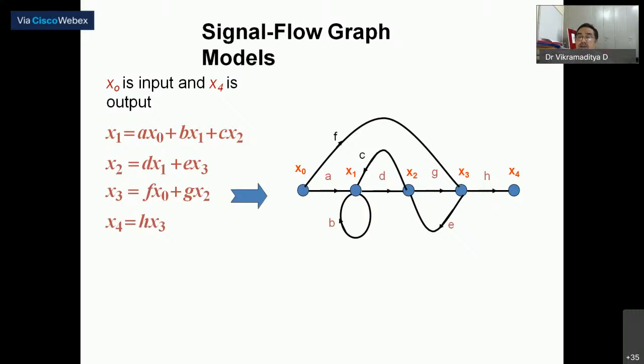If you are traversing a node twice, then it is not a forward path, it is not a loop. Is this clear or not? Everybody has to pay attention to this important point: in a loop or a forward path, no node is traced twice. If you are tracing it twice, then it will not be a loop or forward path. Is it clear?